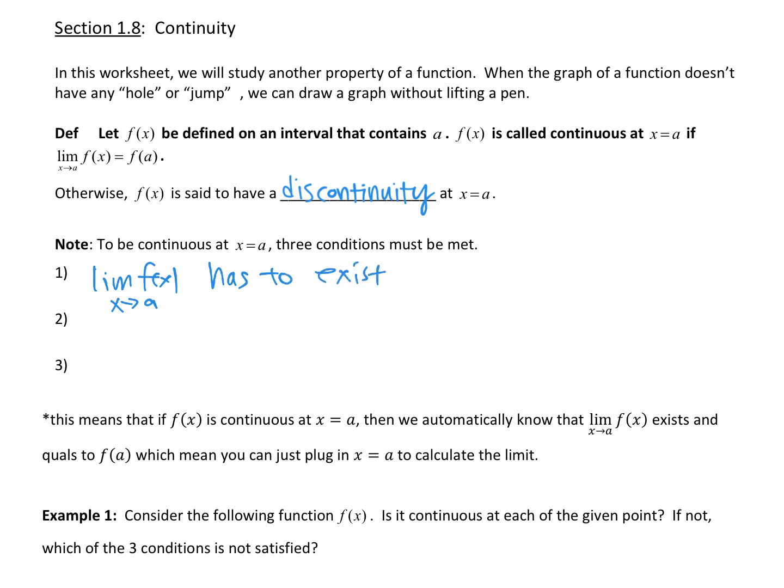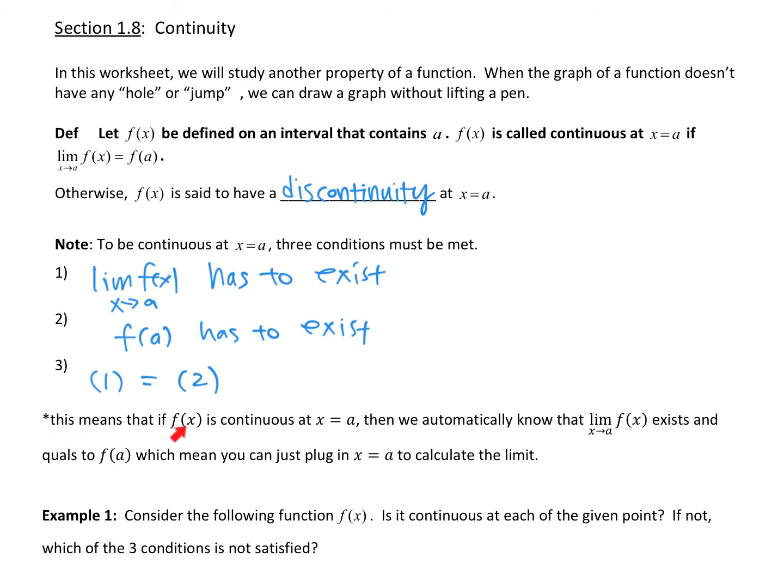And then b, f of a has to exist. And then the third condition is that the limit and the function value have to be equal to each other. So 1 has to be equal to 2, right? Those three conditions must be met to be able to say that f of x is continuous.